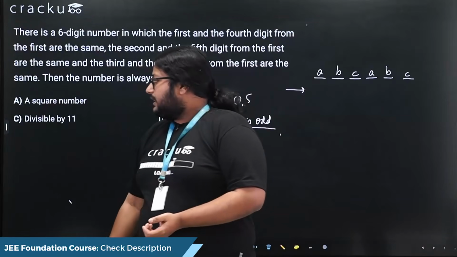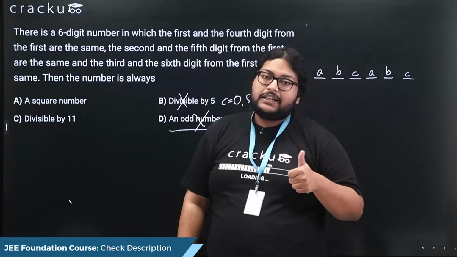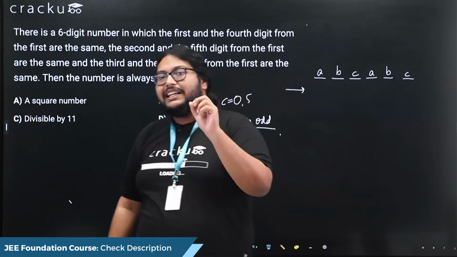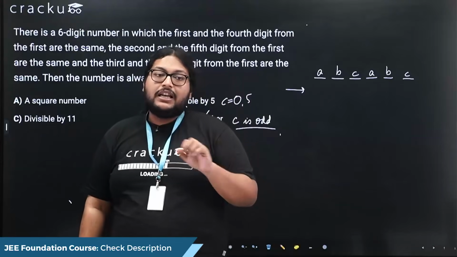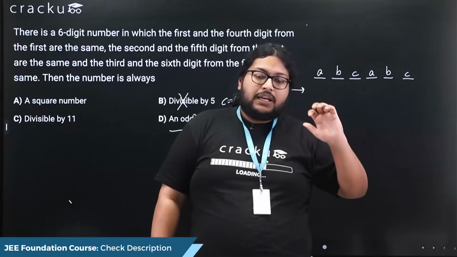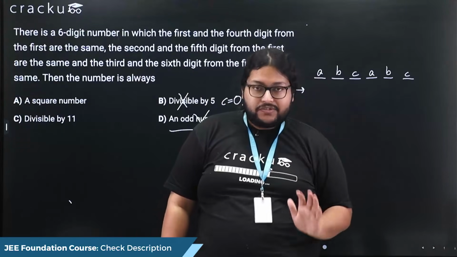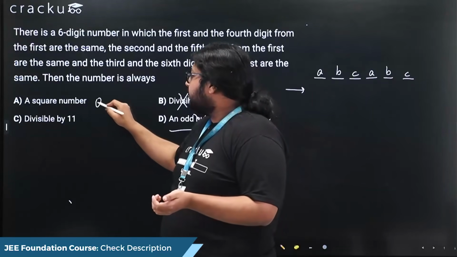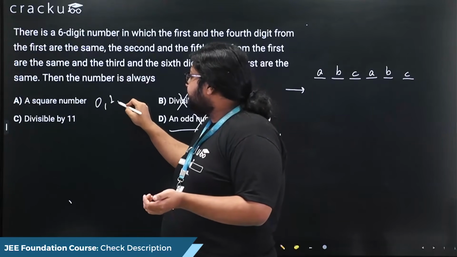Similar for option A as well. For a square number, there is no fixed pattern. We know that a square number never ends with certain digits. A square number has to end with certain digits. Like a square number ends with a 0 or a 1.